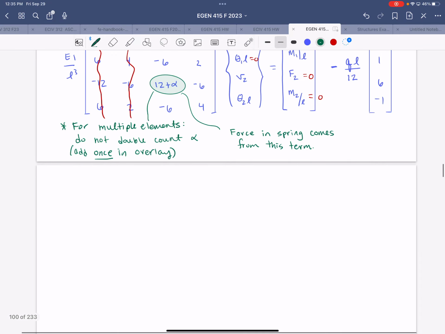All right, so first partition, we want the rows that have known forces, so that would be rows 3 and 4. And here's where I will add that we're going to assume a value for alpha for this example.